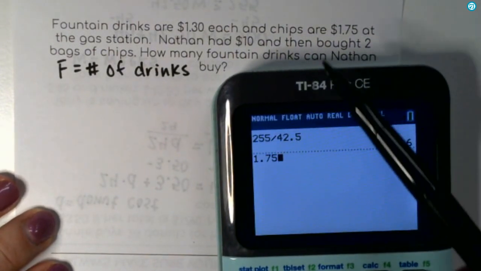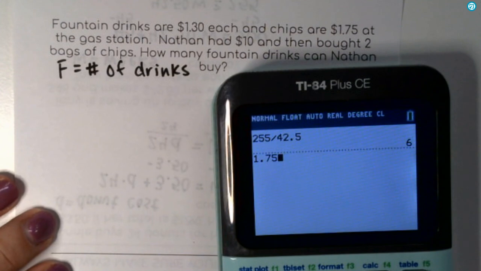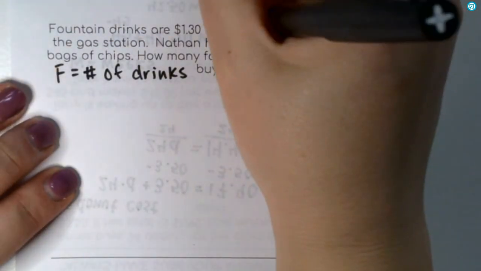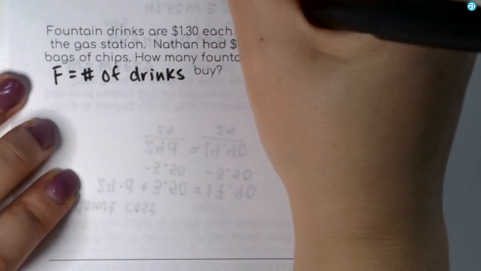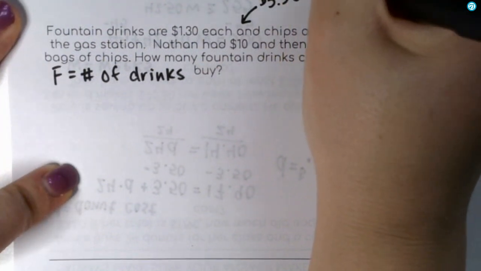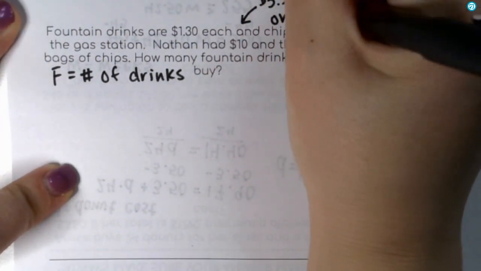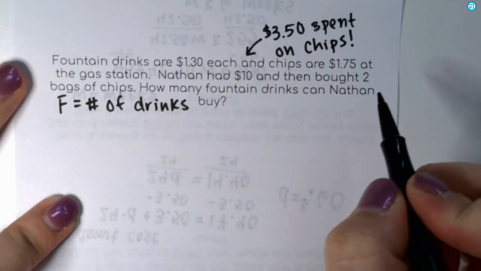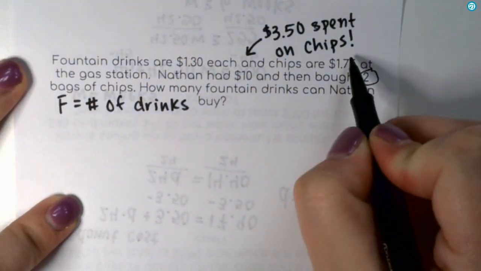So that $1.75, which is the cost of 1 bag of chips, either plus $1.75 or times 2. So I'm going to write down right here just a little note to myself that says $3.50 spent on chips. Because he bought 2 bags for $1.75.